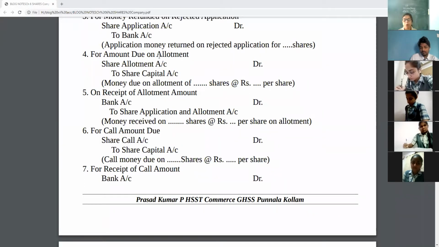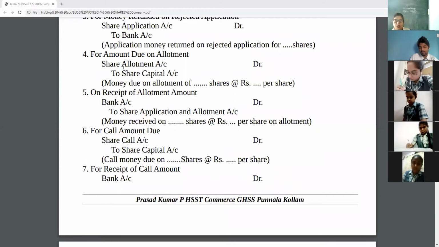When the application process is over, the company will call the allotment money, and the company will allot you the number of shares. So in that step, generally it is the third step: share allotment account debit to share capital.